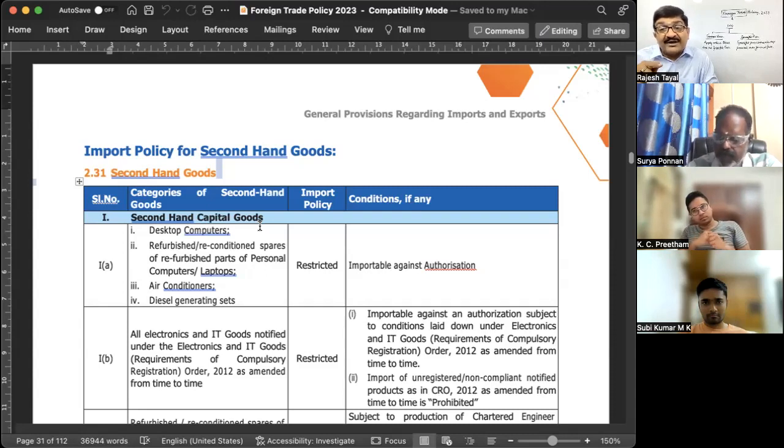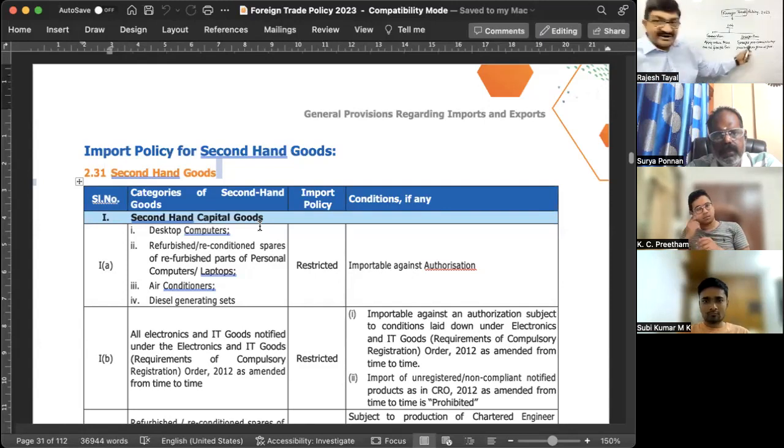So general provisions are meant for new goods. This is giving you multiple meanings. General provisions of the foreign trade policy are meant for new goods. For old goods, for second-hand goods, one specific point is there, that is point 2.31.